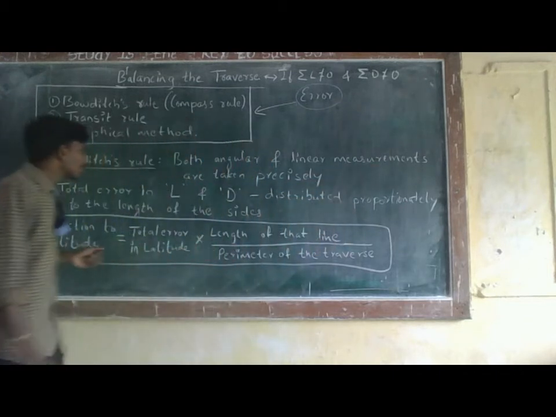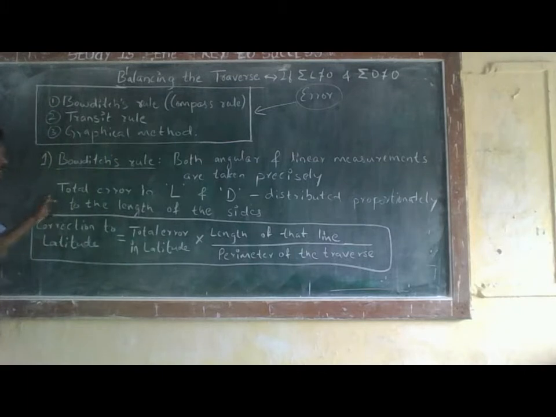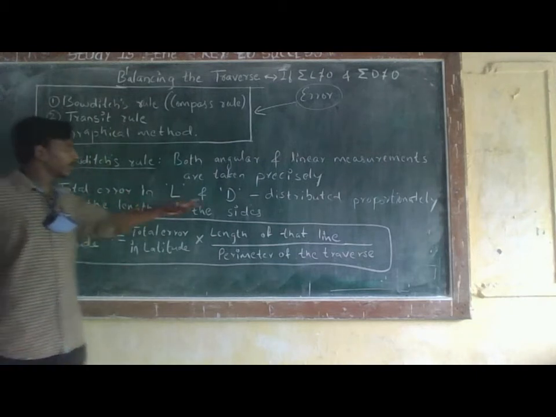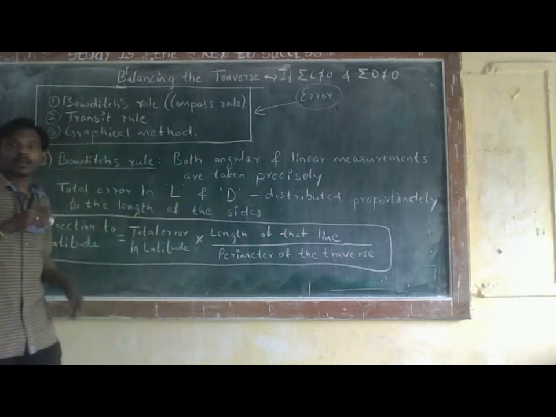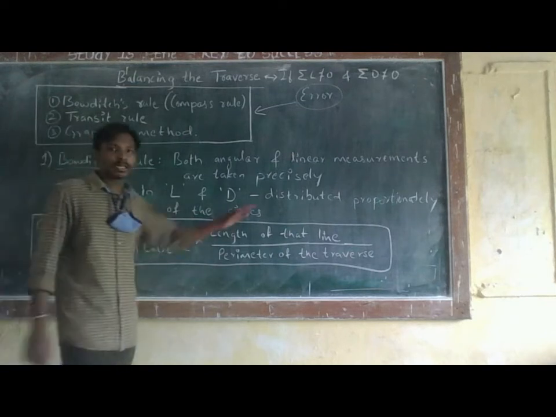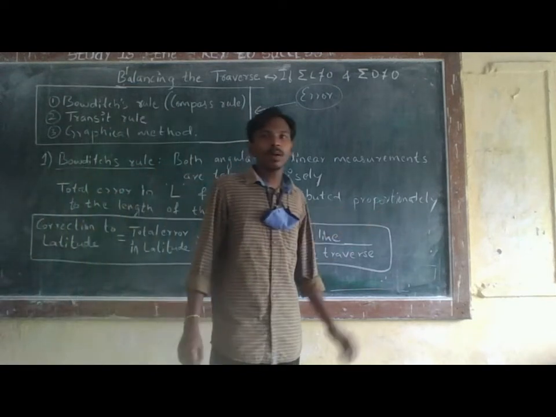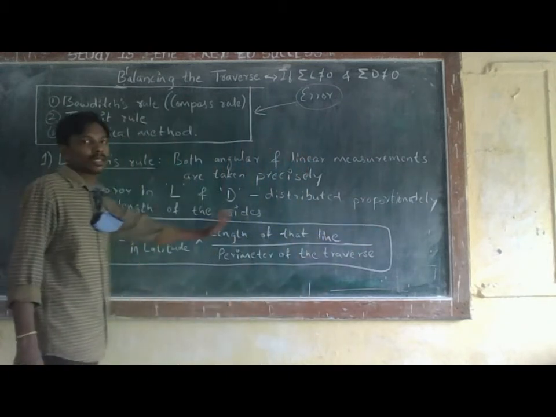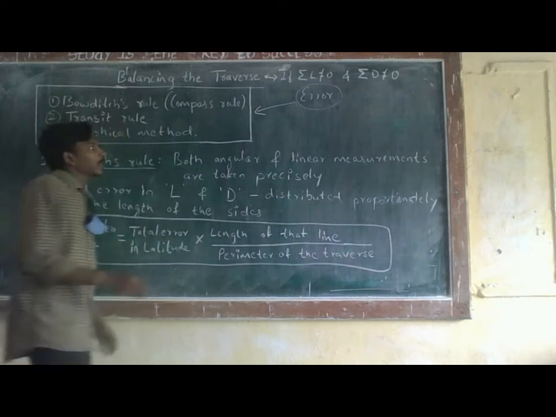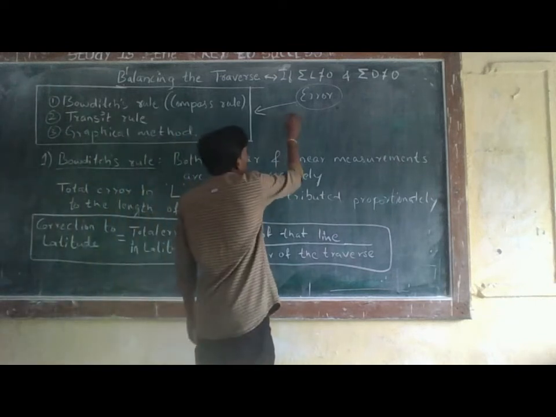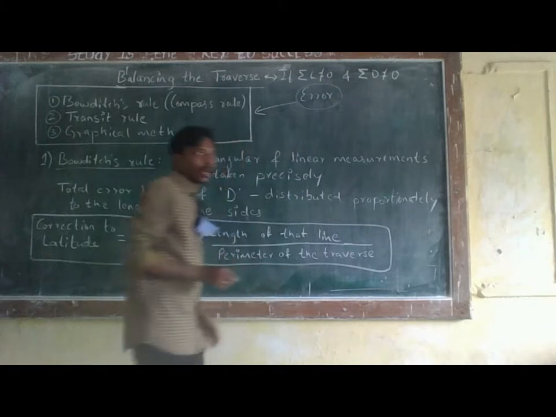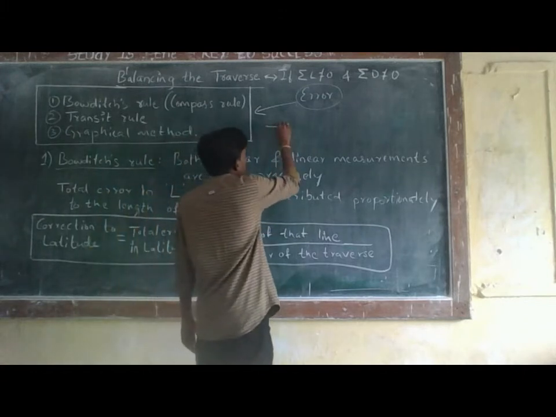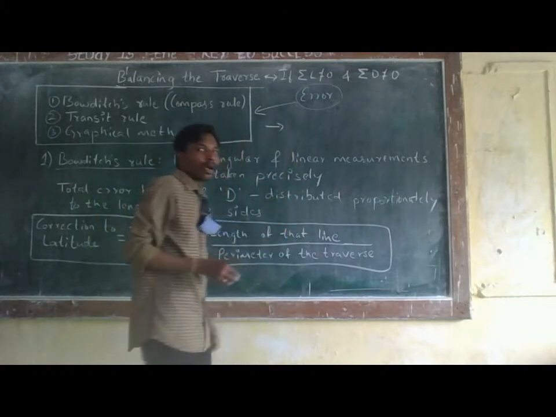And the next is, if there is an error in Bowditch's rule, then the total error in latitude and departure is going to be distributed proportionately to the total length of the sides. So the total error in the latitude is going to be distributed proportionately to all the sides.